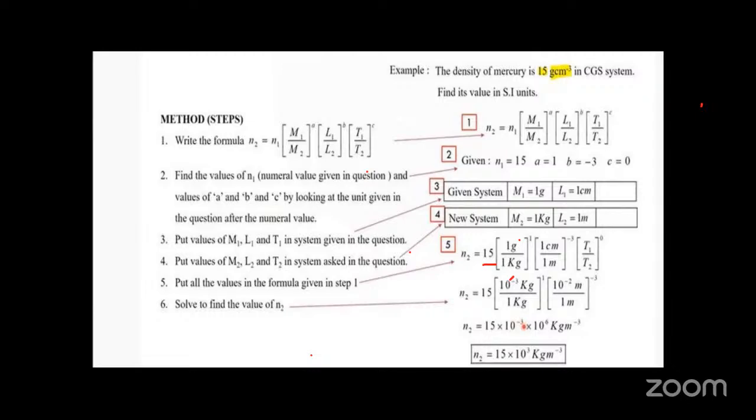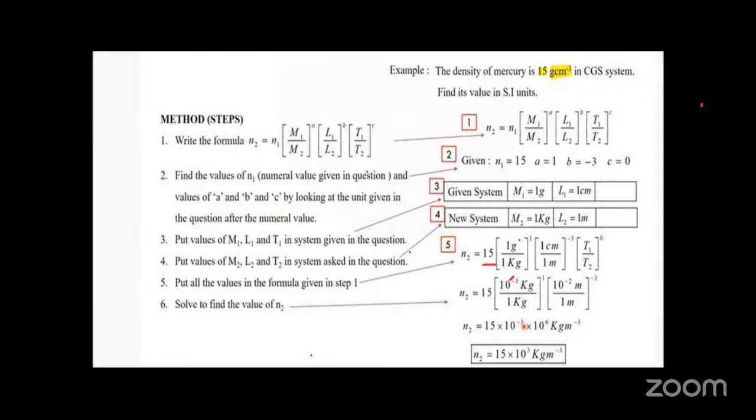Then if I want to convert cm to meter, I'll have to divide by 100. And that is 10 raised to -2. So if I open up the bracket, here 10 raised to -3 is also raised to 1. So -3 times 1 is -3.